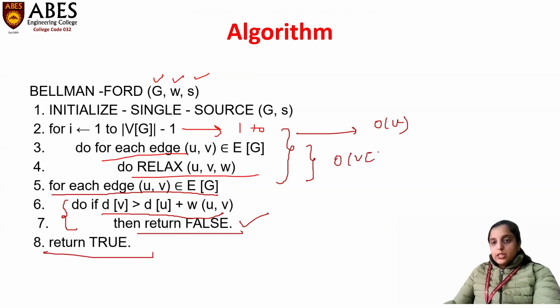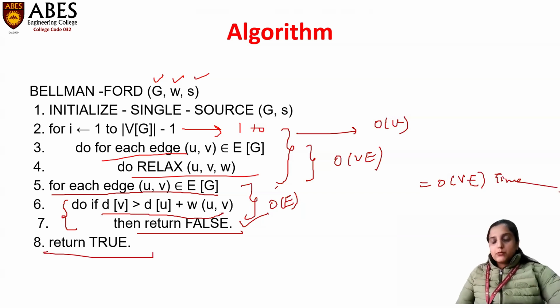So it will take O of V into E time. And for the last time, we are iterating all the edges and returning true or false. So this particular algorithm will take O of V into E time. So this is the time complexity of this particular algorithm.